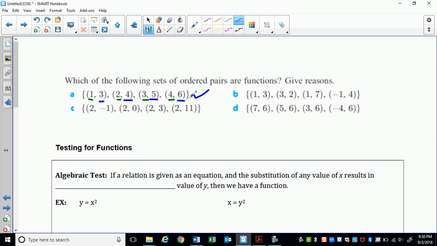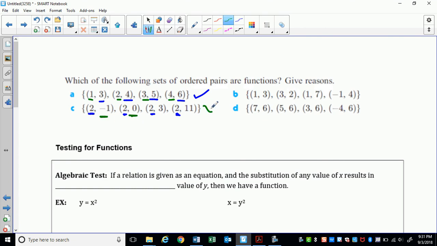Let's look at one that may not be a function. Well, let's look at this one. I'm not sure if it is. This one has the x value written twice, right? Actually, every time. But there cannot be two different y values. Are there two different y values? Is -1 different from 0? It is.